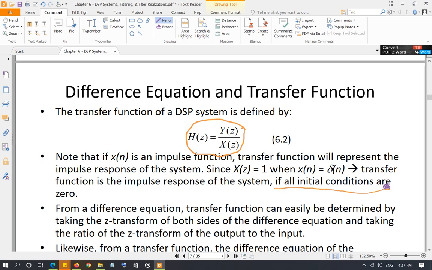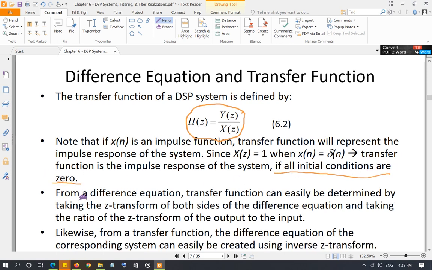So this is important. If your initial conditions are not 0, first from the difference equation you are going to put the initial conditions and then create H of z, and it will not always be true that H of z is going to be the impulse response of the system. But in general, from this point on, we will discuss all the systems for which the initial conditions will be 0.